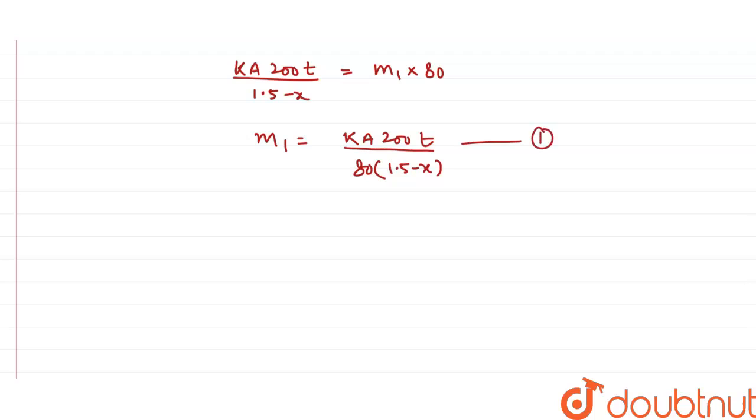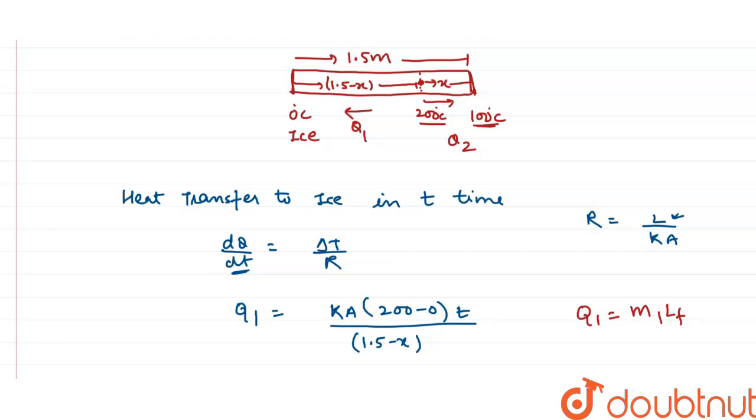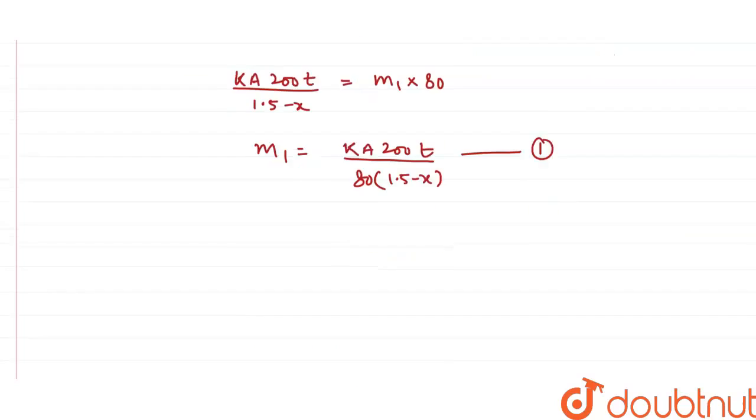Now similarly we have to find out the heat Q2 which is transferred to the water which is at 100 degrees centigrade. So similarly Q2 equals KA, temperature difference is 200 minus 100, into time upon distance from this end, x.